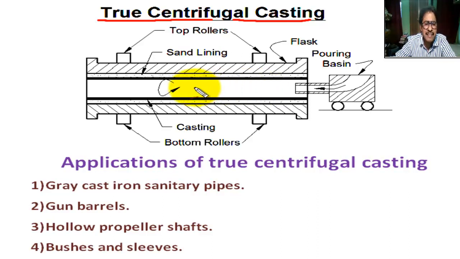In this process, the mold is made of metal. This is the mold. Mold means cavity, mold cavity. This is the flask, meaning molding box.